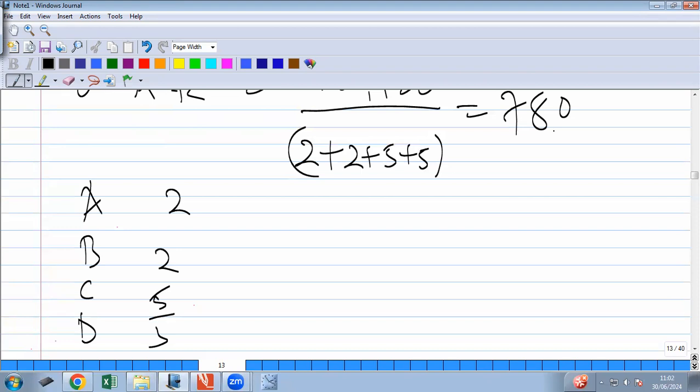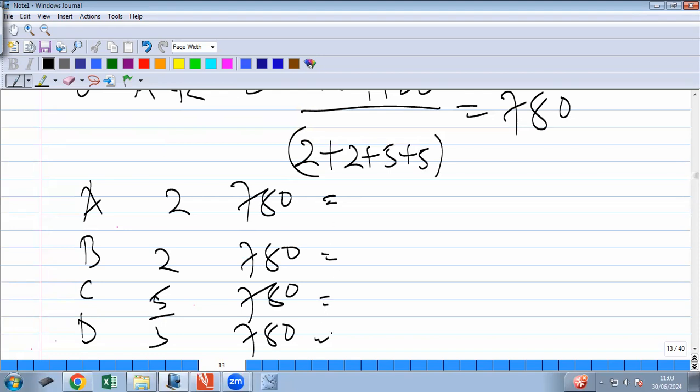But the overhead absorption rate is 780, 780, 780, 780. And multiply for me. From A, 1560.